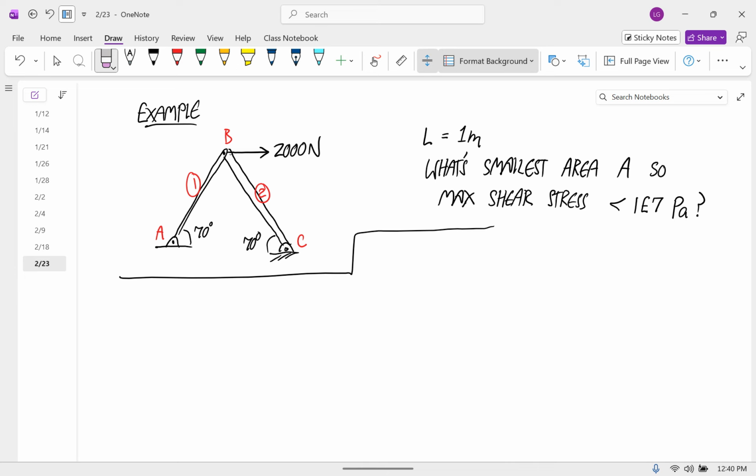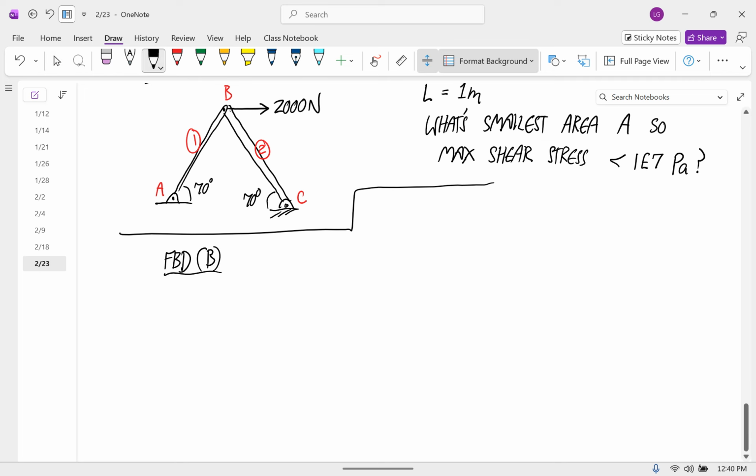Okay, so now I'm going to go for a free body diagram of that joint B. We're going to assume that member 1 is a cable in tension. So that would be pulling on it this way. I'll call that F1. Member 2, we're going to treat like it's a cable in tension.